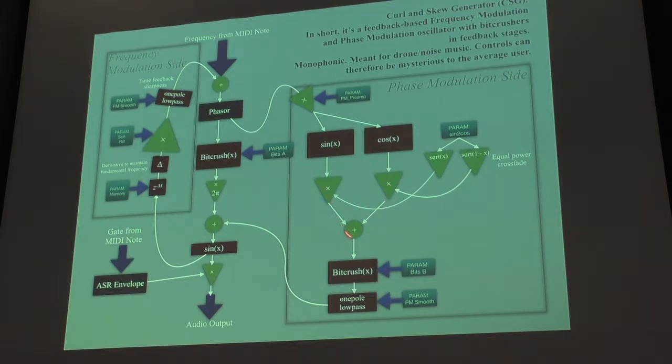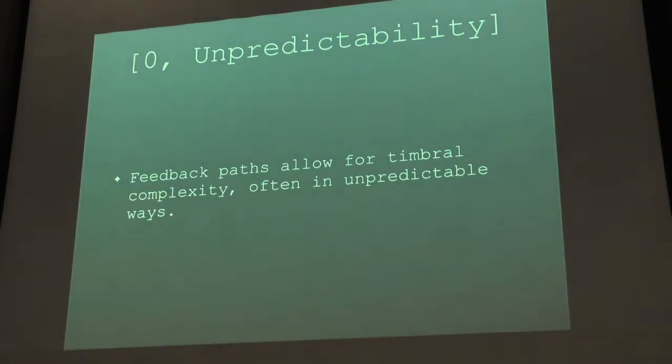And then we are weighting the two different phases here, and then another bit crusher, another smoothing function, and this effective sinusoidal output is then summed with that phasor, and it becomes the phase modulation side, which actually gets you very similar results to wave folders, for instance, the Buchla wave folder. I haven't confirmed if it's really the same, but it's very similar sounding at least.